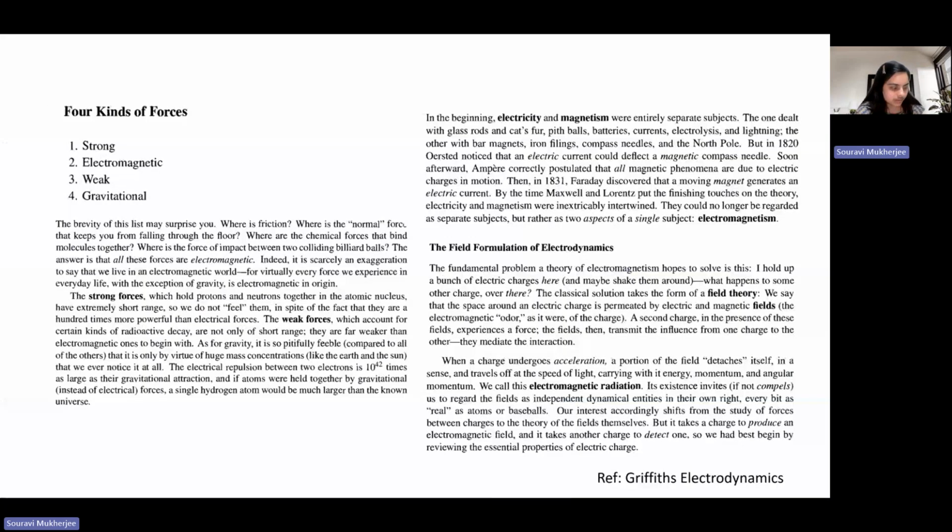So in nature, we do have different kinds of forces, right? So there can be strong forces, electromagnetic forces, weak forces, or gravitational forces. And what we saw is that the strong forces or the weak forces are very short range forces. Okay. And in our day to day lives, they are not very evident. Okay. On the other hand, electrostatic and gravitational forces are long range.